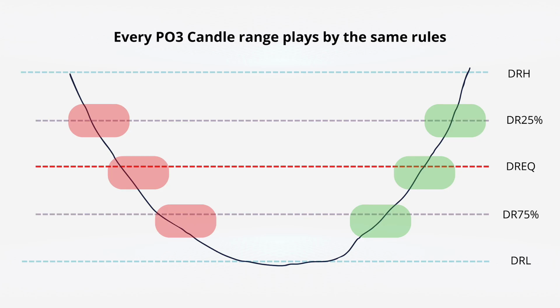So if you think about the market maker models, for example, this is the curve: sell side of the curve, buy side of the curve, and the same levels, the quarter, 75, equilibrium, and 25, are the levels for reaccumulation and redistribution. In the ICT teachings, the reaccumulation and redistribution levels in bearish moves, for example, are the last bearish candle.